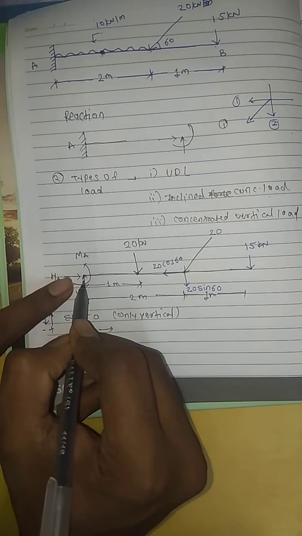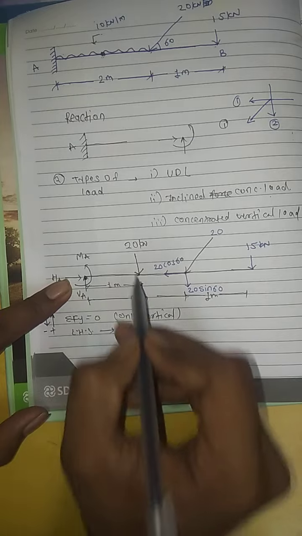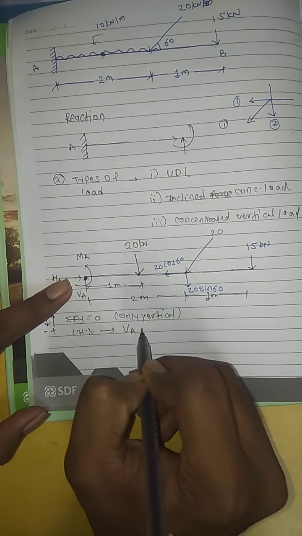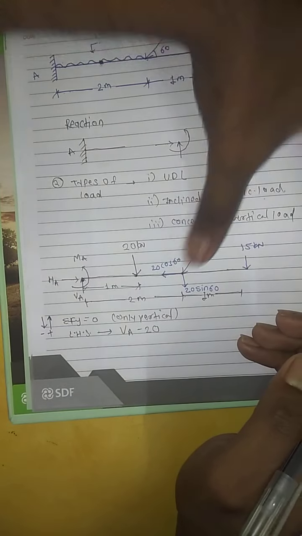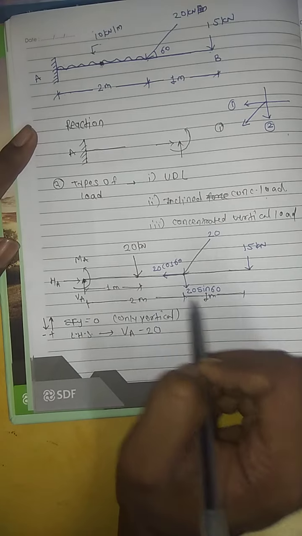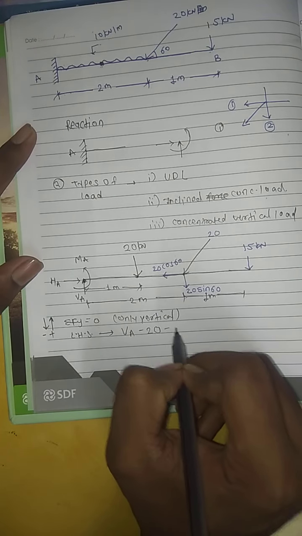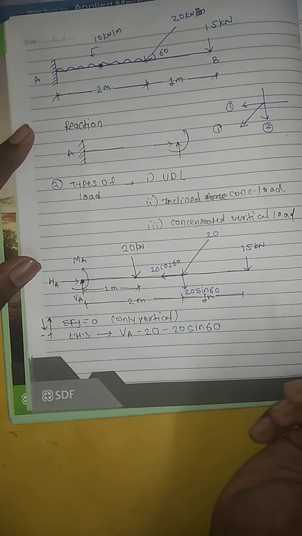Okay, so this is Va, upward, hence positive. Then this is 20, which is downward, negative. When you resolve the force, forget this inclined force, only concentrate on the resolution. So this will become minus 20 sine 60, right?